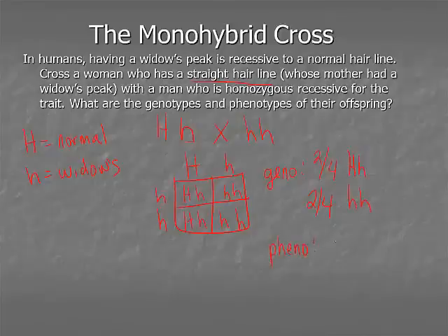Phenotypes are 2 out of 4 have a normal or straight hairline, and 2 out of 4, or again, 1/2 or 50%, have a widow's peak. And we circle our final answer.